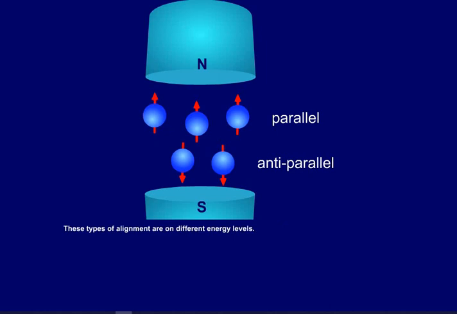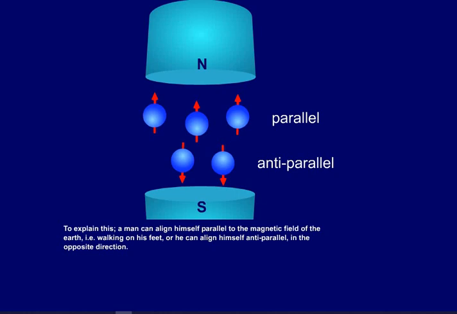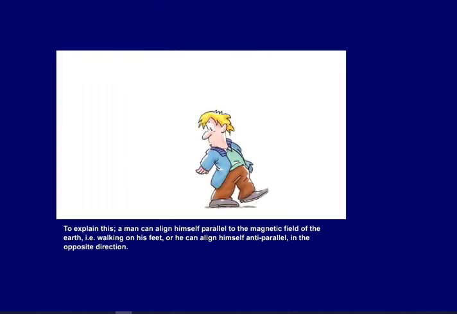These types of alignment are on different energy levels. To explain this, a man can align himself parallel to the magnetic field of the Earth, in other words, walking on his feet. Or he can align himself antiparallel, in the opposite direction.